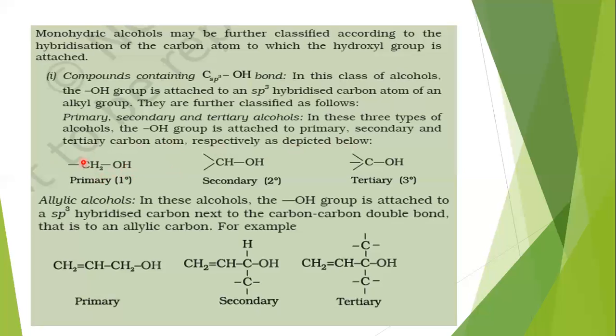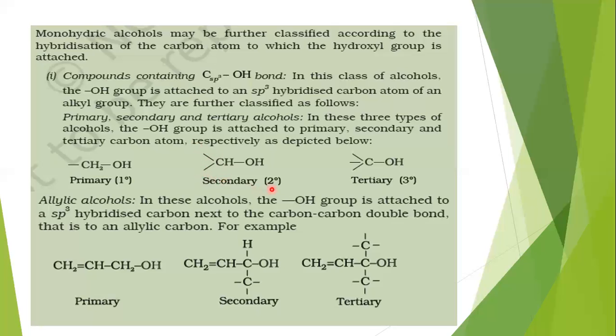So OH is attached to this carbon, which is directly bonded to another carbon. It is a primary alcohol. Now see this OH. OH is attached to this carbon, which is directly bonded to another two carbons. Here these two free bonds are shown. So they are bonded with other alkyl groups or maybe aromatic groups. But this carbon is directly bonded to another carbon and to this another carbon. Okay.